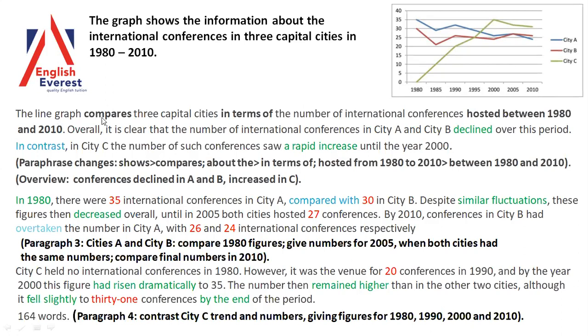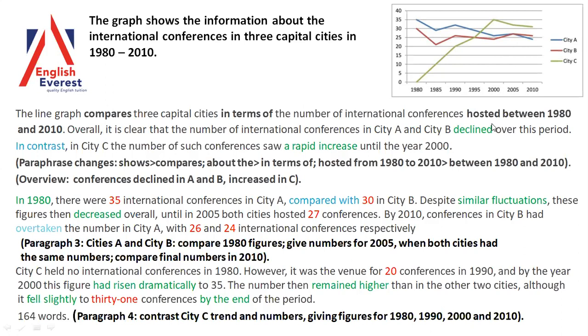The line graph compares 3 capital cities in terms of the number of international conferences hosted between 1980 and 2010. Overall, it is clear that the number of international conferences in City A and B declined over this period. Went down.